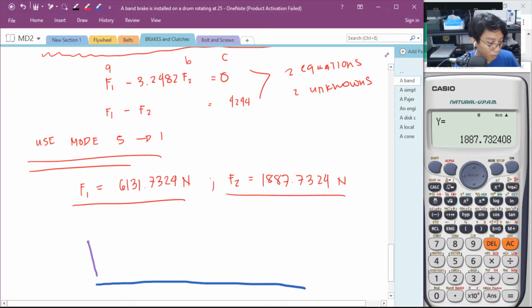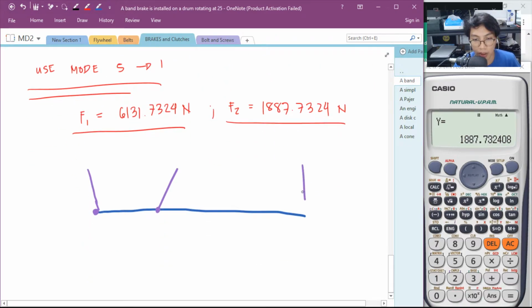Ito, magpupull. Hatak siya. Ito yung pin mo. Tapos meron ka ditong 150. Ganun. Okay? May force components yan. Okay? And then dito si P. Ang layo niya is 1,000. Ang layo naman nito dito is 150. Now, meron kang 45 degrees dito.